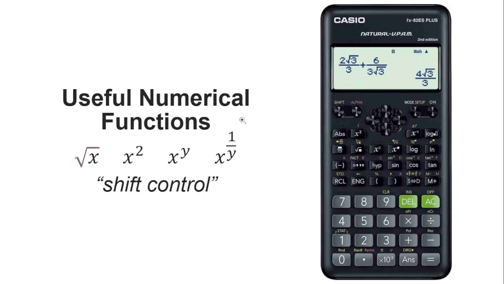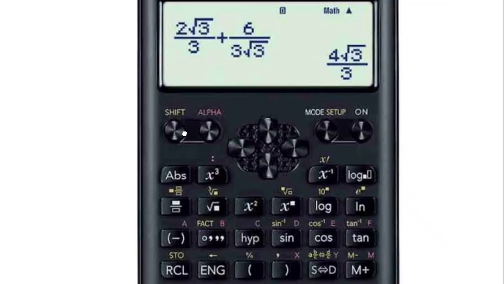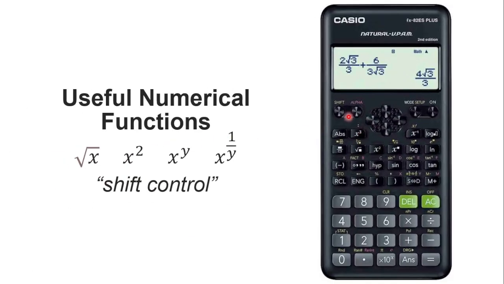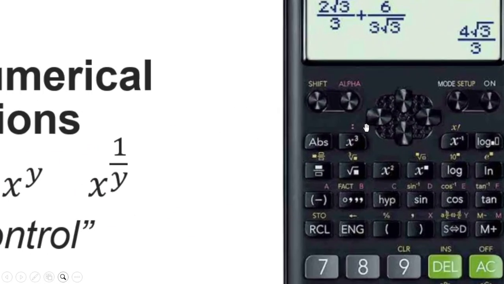Let's zoom in on this, like here. So you can see this shift function here. How do I do this?